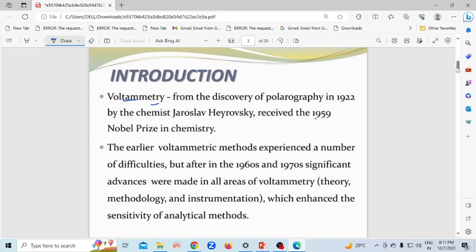The earlier voltammetric methods experienced a number of difficulties, but after the 1960s and 70s significant advances were made in all areas of voltammetry. The theory is clear, and the methodology and instrumentation have also improved, which enhanced the sensitivity of the analytical method. Nowadays we are using very sensitive and advanced instruments for voltammetry.